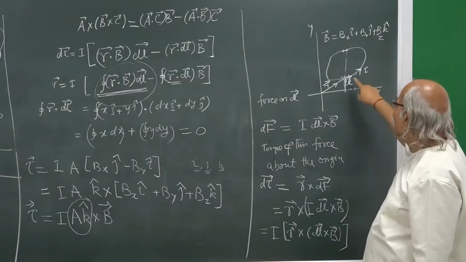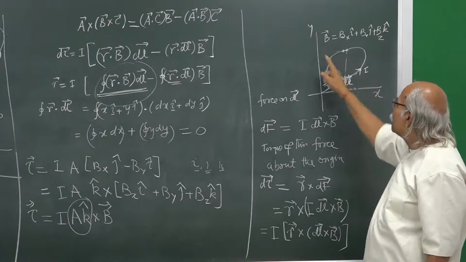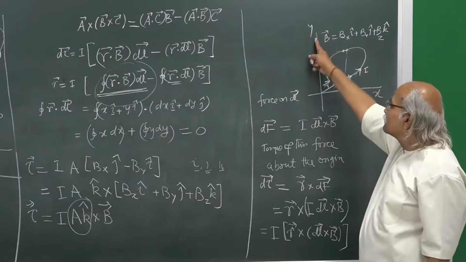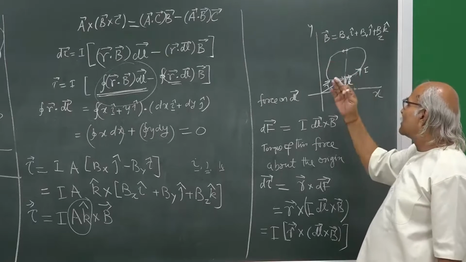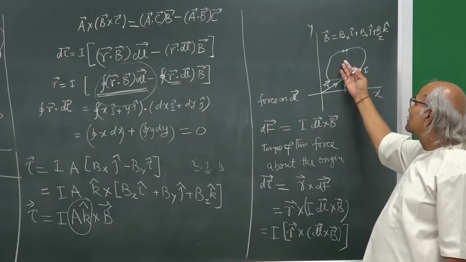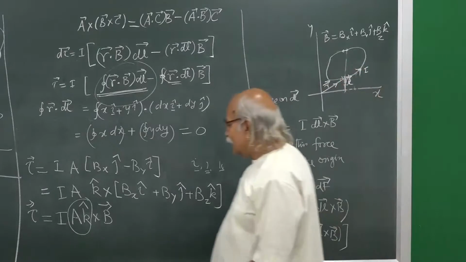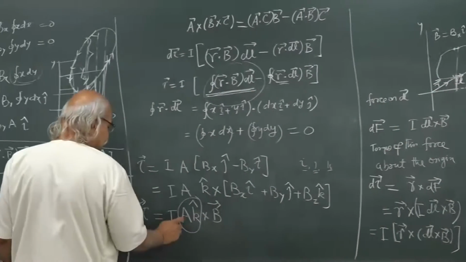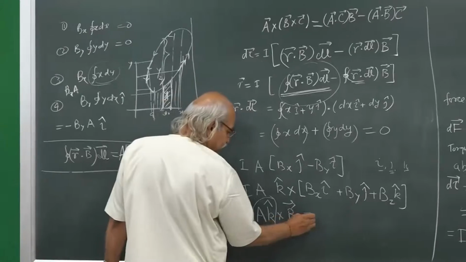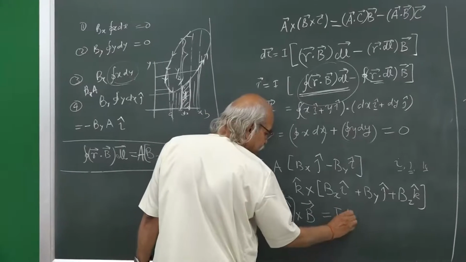So this is the x axis, this is the y axis, the z axis is perpendicular, k cap is the unit vector towards me, and therefore this A k cap can be written just as the area vector A.